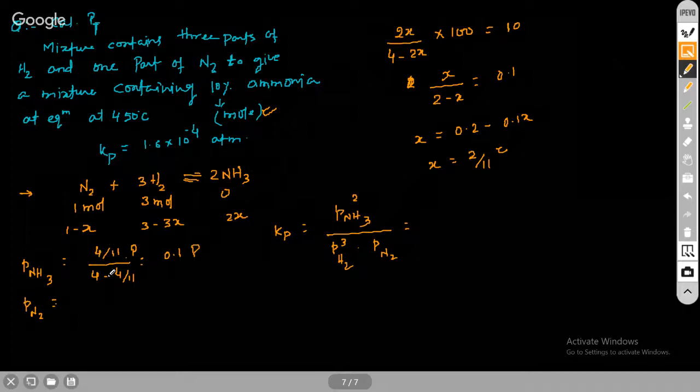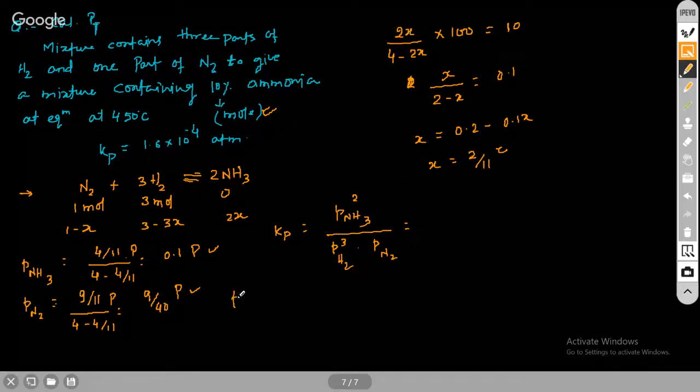Pressure of N2 will be 1 minus 2 by 11. So 9 by 11 in the numerator, divided by again 4 minus 4 by 11, so 40 again. So 9 by 40 into P. Right?